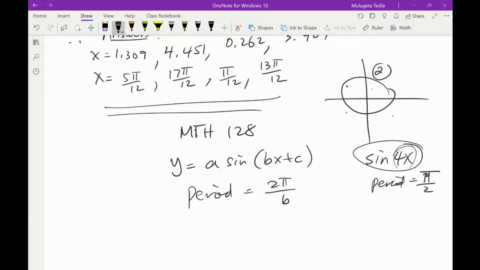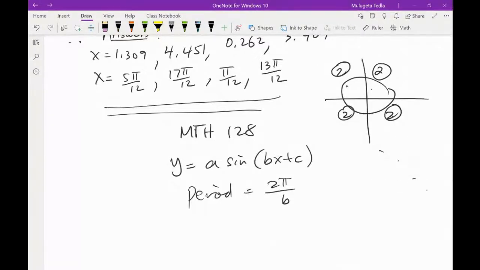You will have two solutions here, two solutions here, two solutions here, so 8 solutions. If you get sine of 4x equal to a number, it's not only one solution. There will be many solutions because of the period.